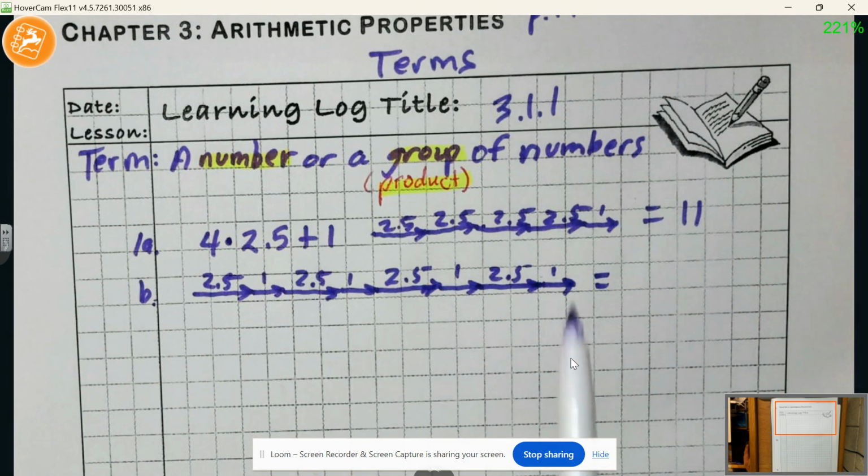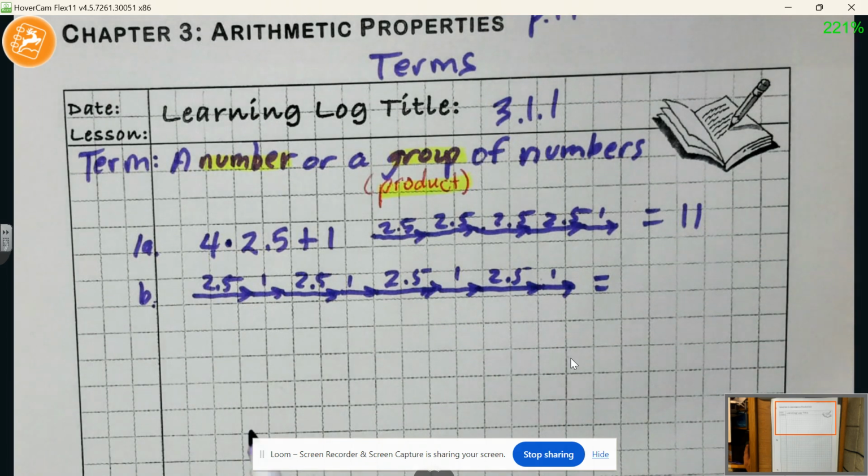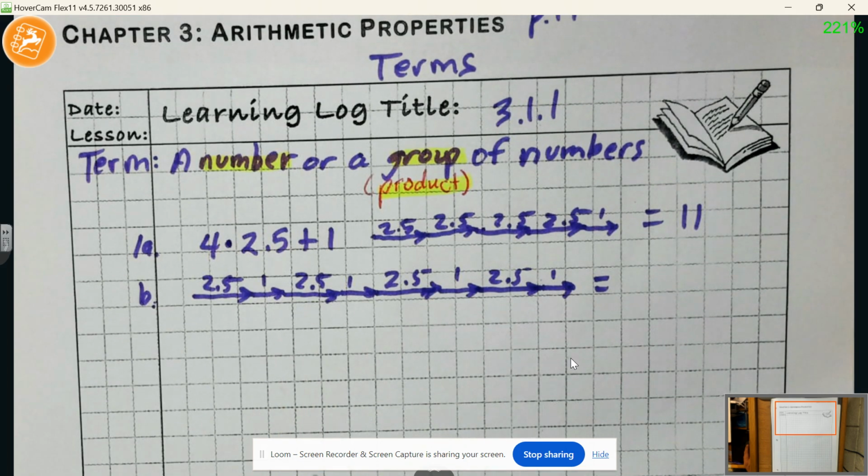Unlike the first one, we don't have groups of 2.5 where they're all grouped together. But one similarity is we do have 4 of those 2.5. And this 1, instead of being that solo 1, it looks like we have several 1s. We can say 2.5 plus 1 plus 2.5 plus 1 plus 2.5 plus 1 plus 2.5 plus 1.